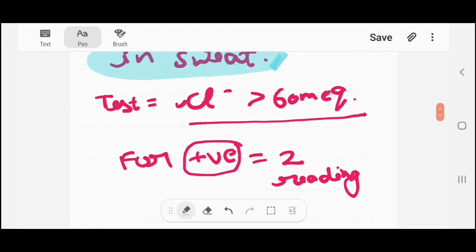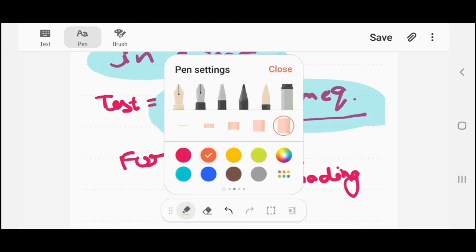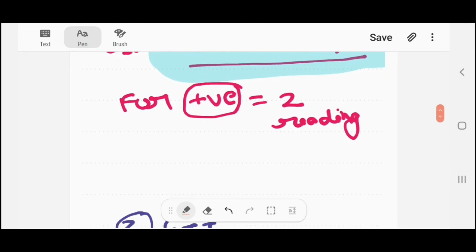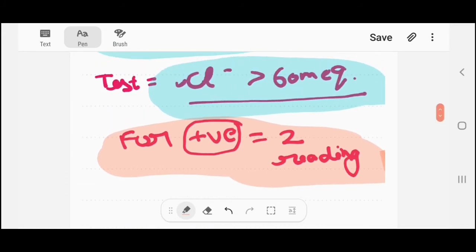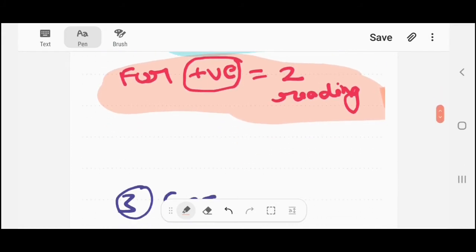The chloride content in the sweat will be more than 60 milliequivalent. To be sure that it is cystic fibrosis, two readings should be positive for more than 60 milliequivalent of chloride. So it's very important, guys.